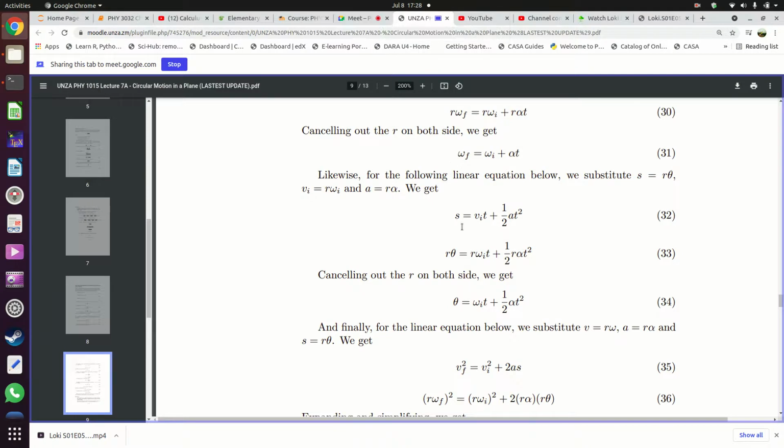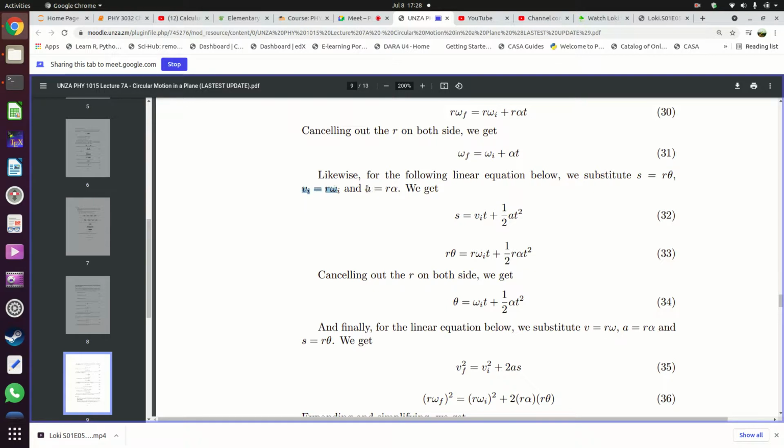So in this case, we know S, which is a displacement, linear displacement. S is given by this. S is equal to r theta. Then our V is equal to r omega.